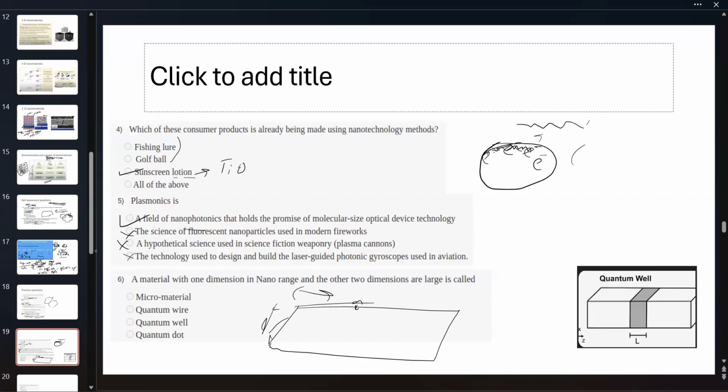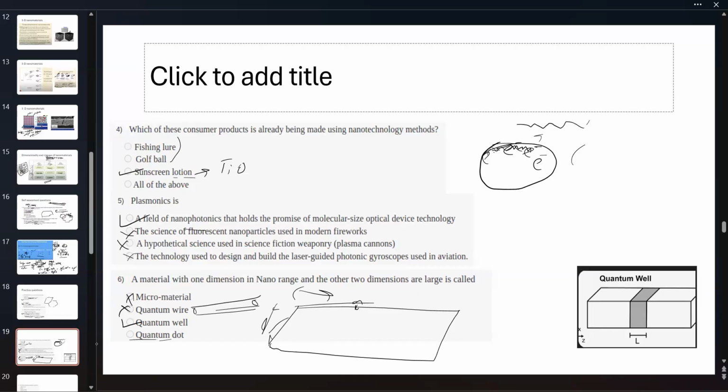So if you eliminate, not micromaterial, not quantum wire, a wire is just one dimension outside the nanoscale.